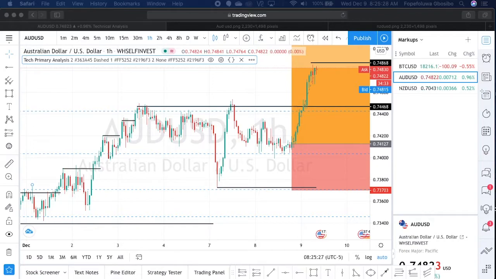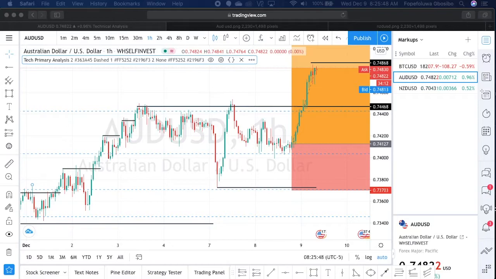So what's that? 47 and 72, that's a total of 119 pips from these two trades. And that's how powerful this strategy I'm talking to you about is. Basically, you just put it in and forget about it.